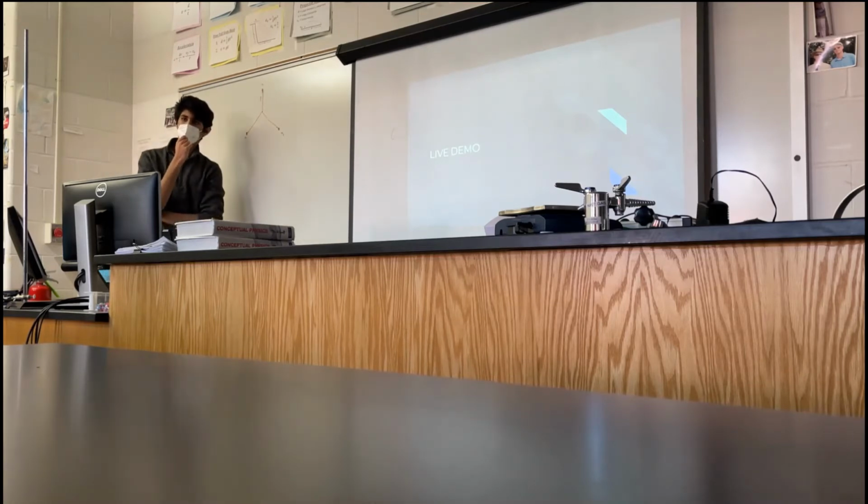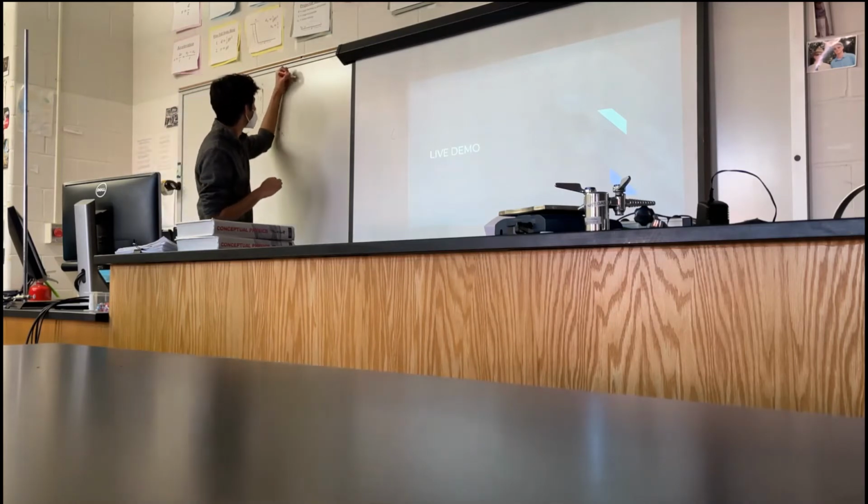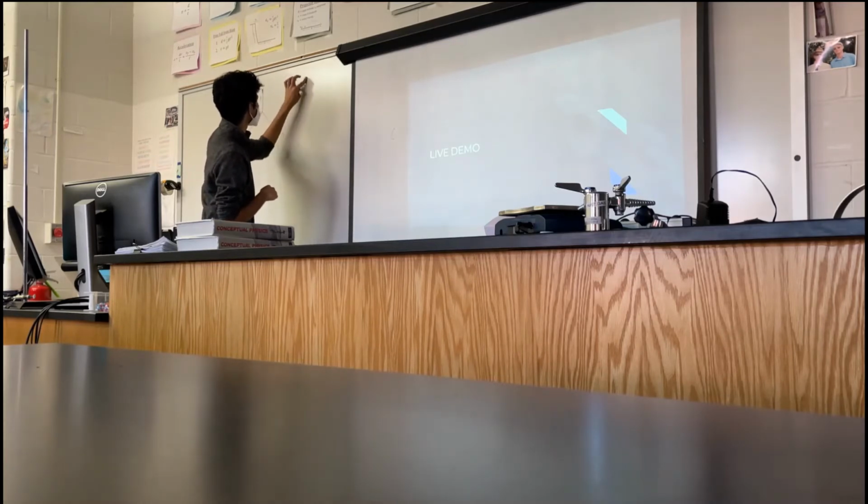But what do we know about gravity? Can someone throw out the law of universal gravitation? G over R squared. Well said. Also, going forward, someone other than Sahed, she's talking too much. So yeah, we say Fg equals G m1 m2 over R squared.